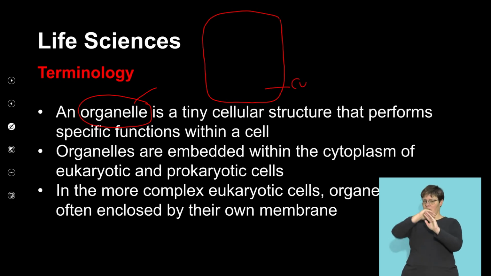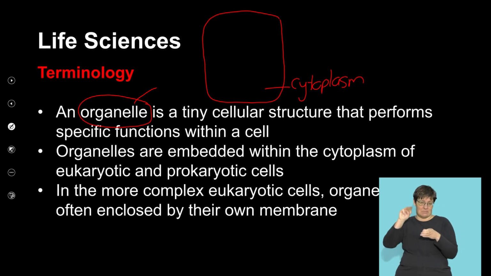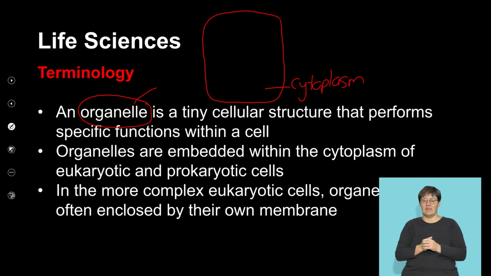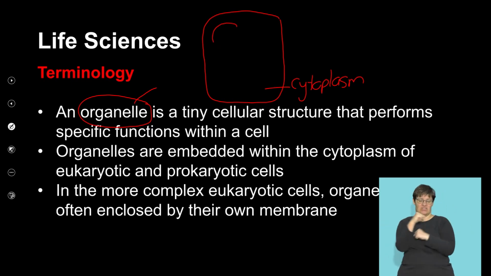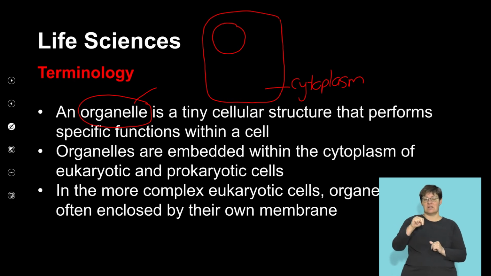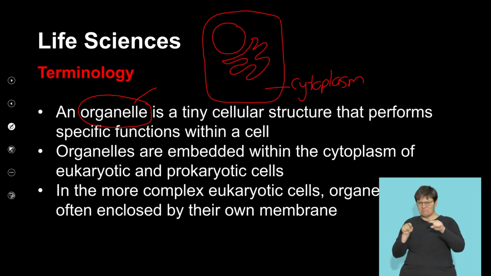Then I have my jelly inside it, that is my cytoplasm. And then inside the cell, I've got a variety of structures, and we're going to look now at the structure called the nucleus.